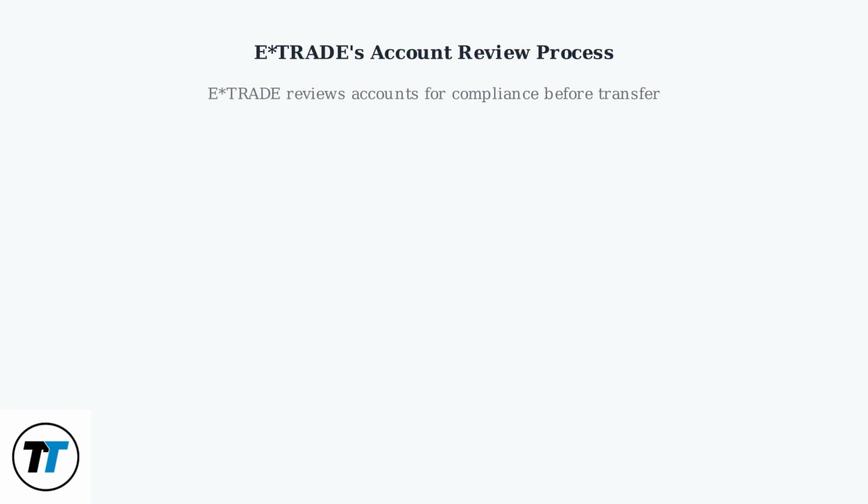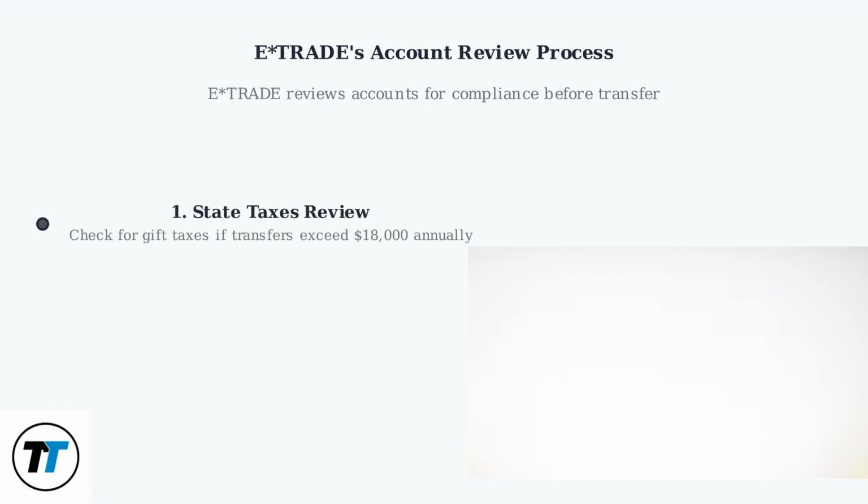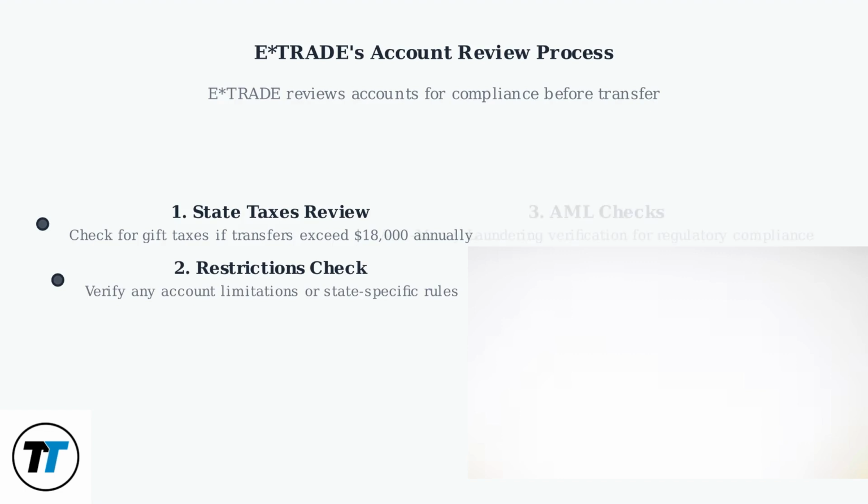E-Trade conducts a thorough account review before transferring custodial funds to ensure everything is in order. First, they review for potential state taxes, such as gift taxes if annual transfers exceed $18,000. They also check for any account restrictions or state-specific limitations. Anti-money laundering checks are performed to verify compliance with financial regulations.